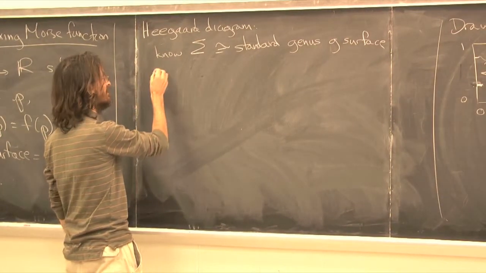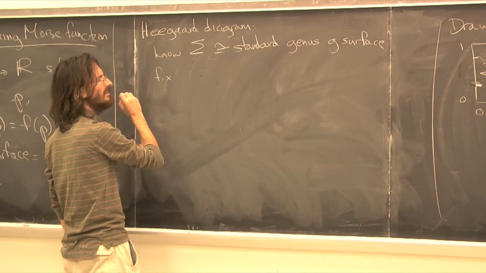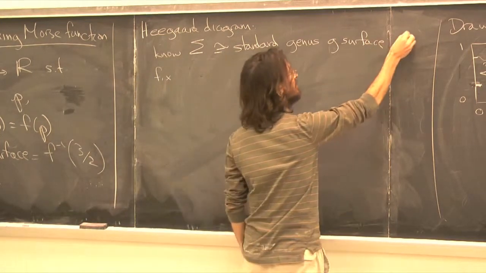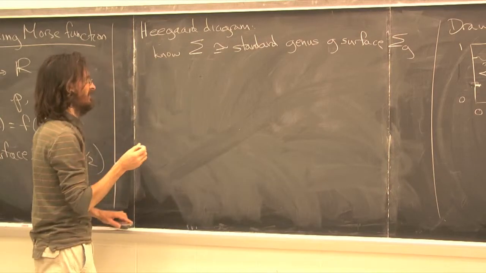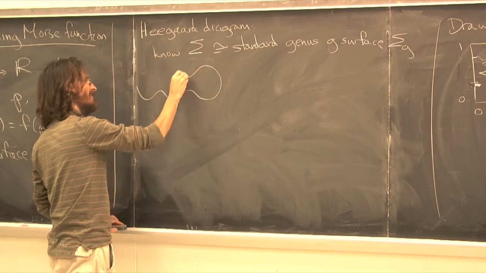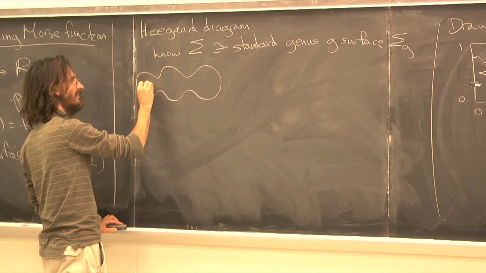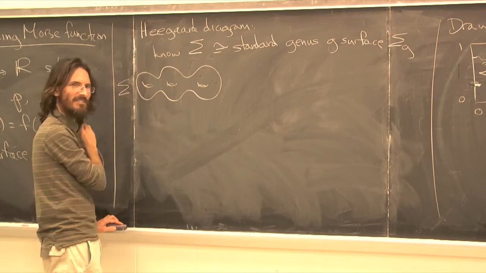So I want to think of, maybe the best way is let's fix a standard genus G surface as sigma sub G. Sigma sub G is somehow often the land of Platonic ideals. There are these model surfaces floating around, and this is sigma 3, okay?